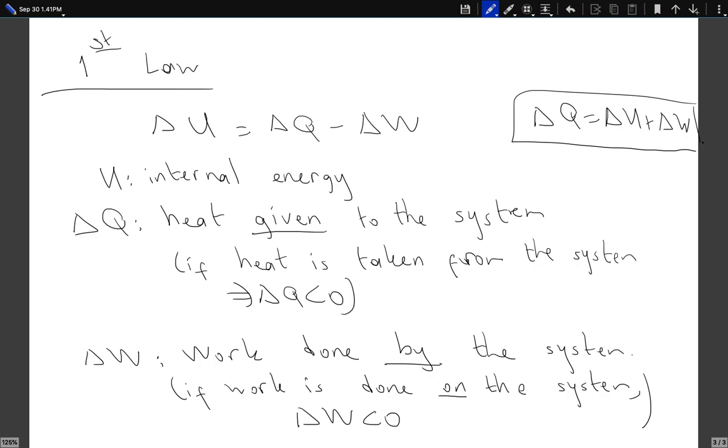That is the definition. Now, later on, we will also discuss systems in, let's say, an electromagnetic field. If the system has a magnetization, if you put it in a magnetic field, it will also contribute to the delta U. We will separate that one also, but everything else, we call heat.